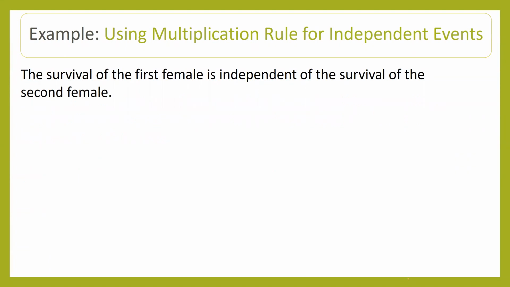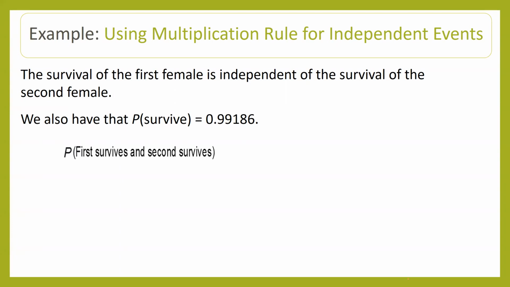Okay, so the survival of the first female is independent of the survival of the second female, just like the previous example I gave. The probability of surviving is given to us, 0.99186. Two people are chosen, so the probability of the first surviving times the probability of the second surviving, because they are independent.